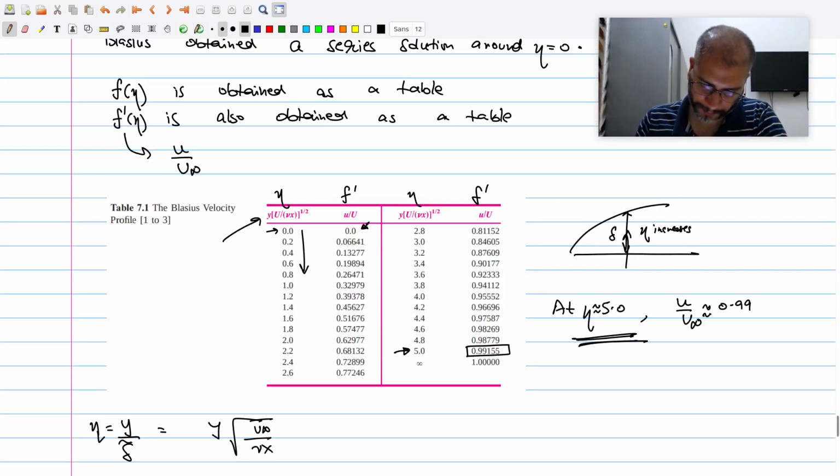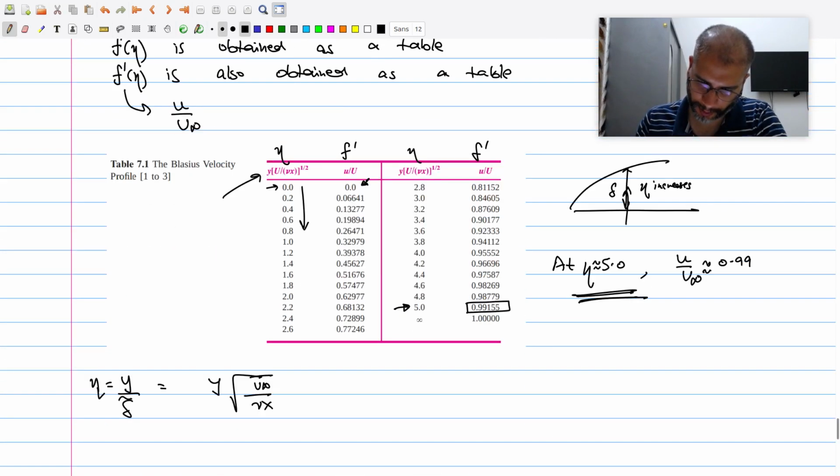All right. So this is what our eta is, and this equal to 5.0 is what we are looking for.